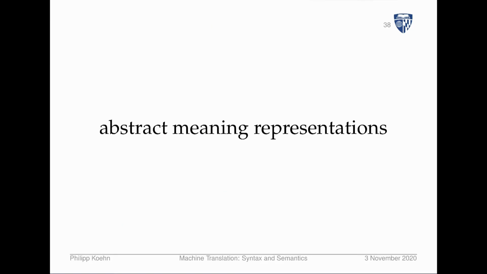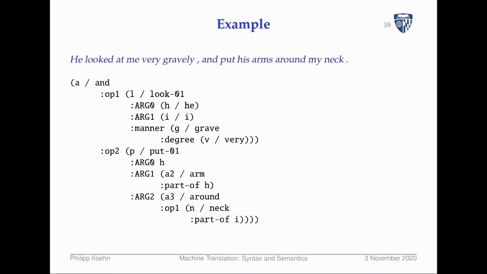Let me now mention the last thing that has been attempted in statistical MT to move beyond syntax into semantics, and that is called abstract meaning representation. It looks like this. It's basically a formalization of the semantics of sentences. It brings a lot of the things together that we already mentioned.